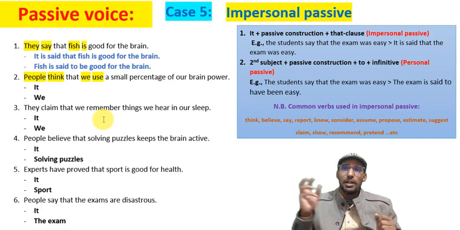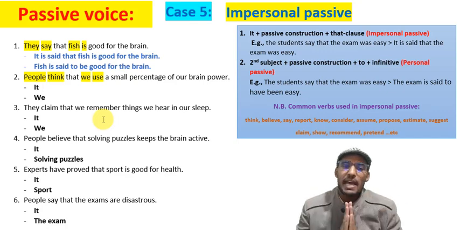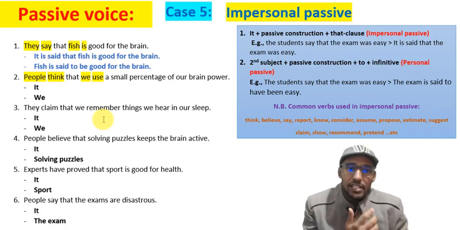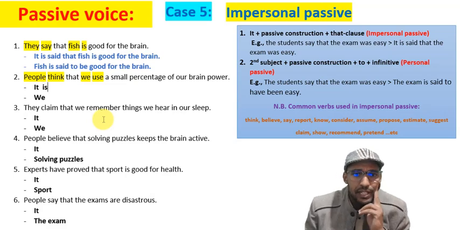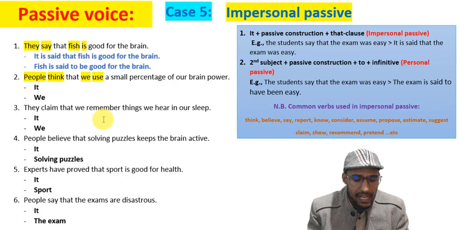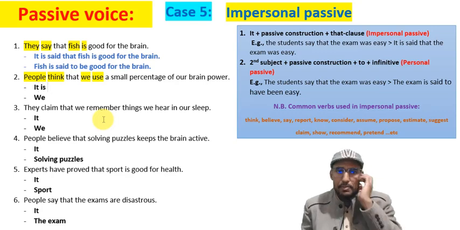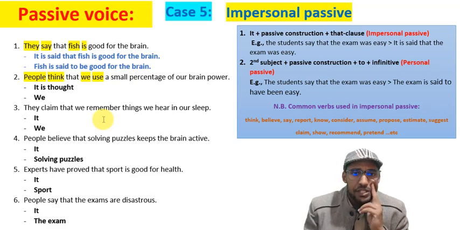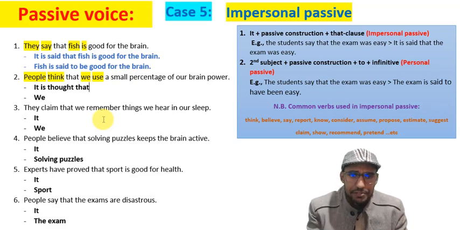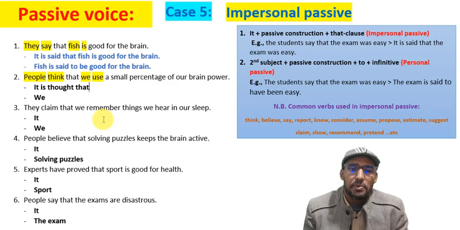We just need to put the verb to be in the same form as the active verb. So think is in the present simple, so the verb to be becomes it is, right? People think that, so it is, plus the past participle of the verb think, which is thought. Very good. So it is thought that, and then we finish our statement without any problem.